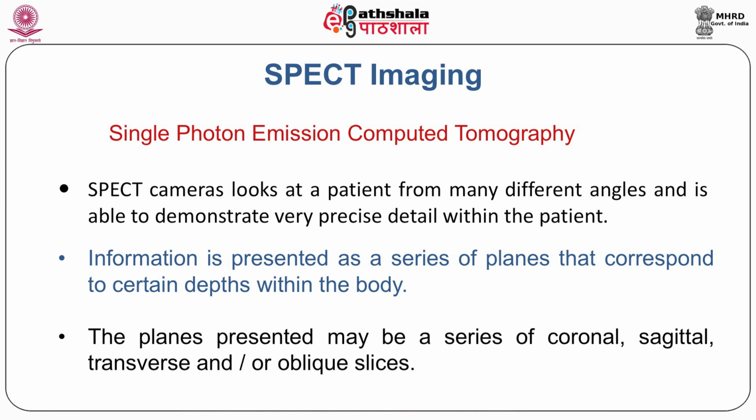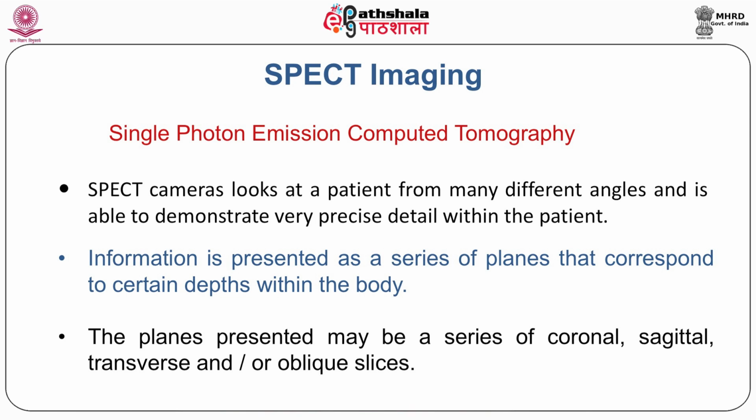It means the SPECT camera looks at a patient from many different angles and is able to demonstrate very precise detail within the patient. Information is presented as a series of planes that correspond to certain depths within the body. The planes presented may be a series of coronal, sagittal, transverse, or oblique slices.